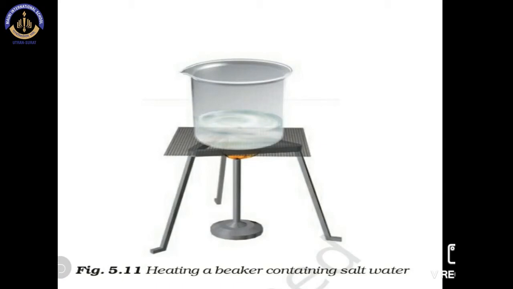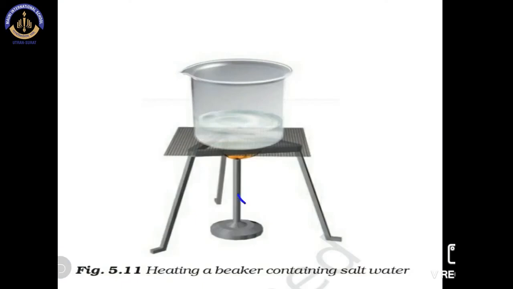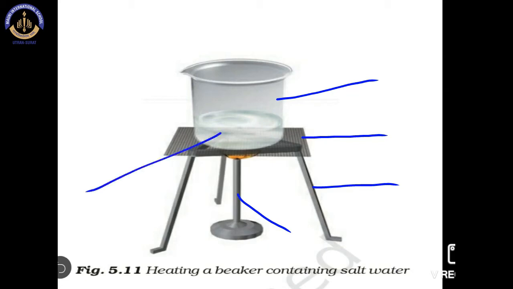Heating the beaker containing salt water, as you can see in this picture. This is the burner. This is the stand. This is the net, and this is the beaker, and inside this beaker we have a mixture of salt and water, and we will heat the mixture by the burner.